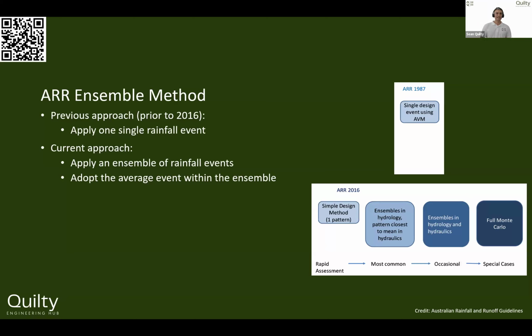So if you were looking at, say, a 1% AEP storm frequency with a 45-minute duration, so that's your design storm, you would look at one temporal pattern, so one way that the rain can fluctuate over time, and then you would use that one single temporal pattern to represent any design storm going forward for a 45-minute 1% storm, for example.